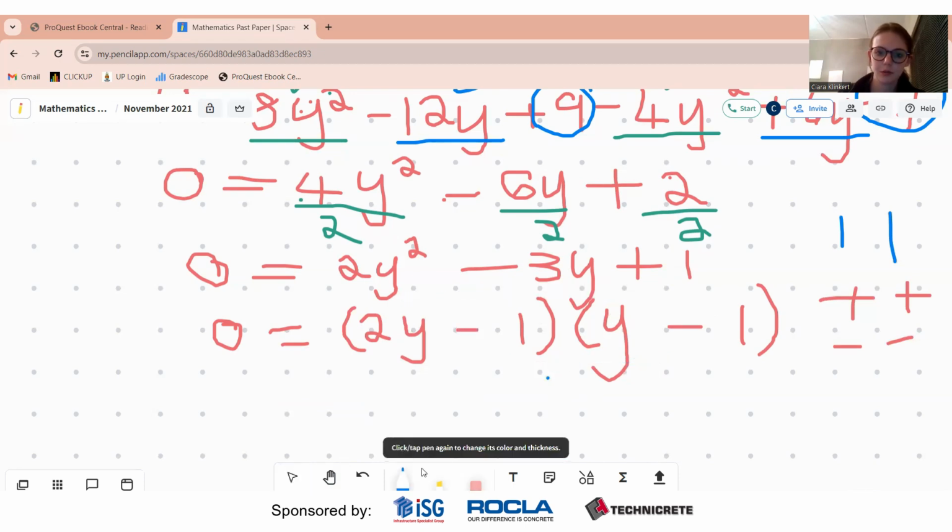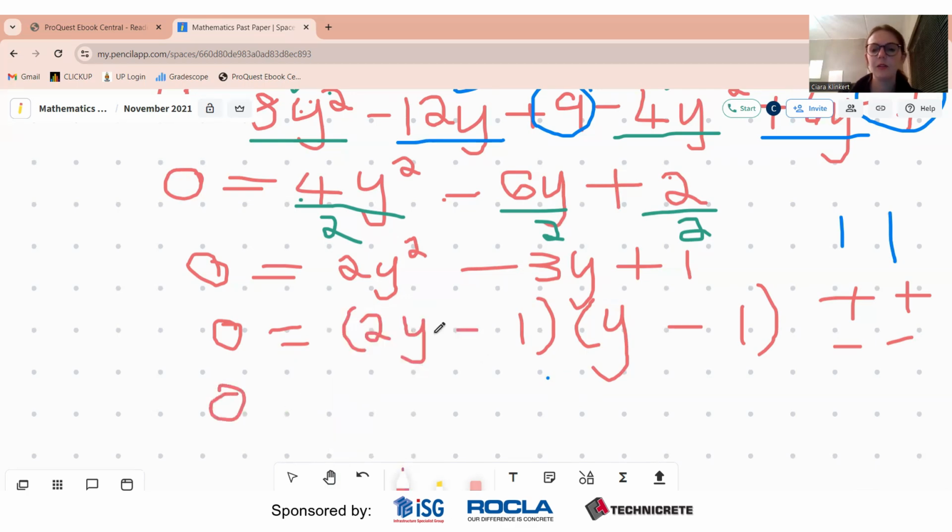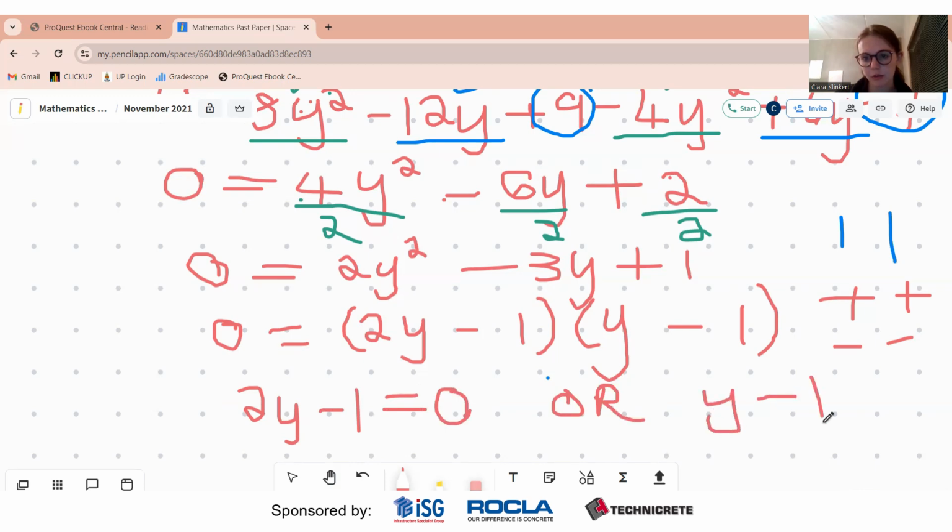Now that I've factorized, I can split each bracket off and set it equal to 0, and then solve for y. So 2y minus 1 equals 0, or, always remember to put or in between your solutions of a quadratic equation.